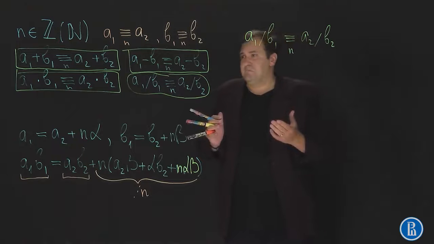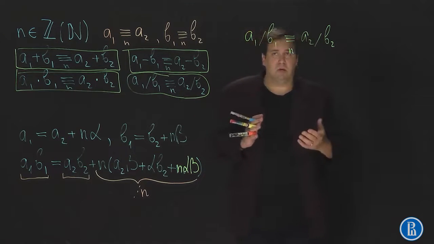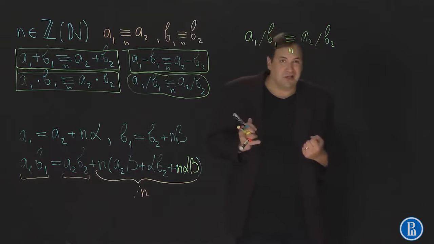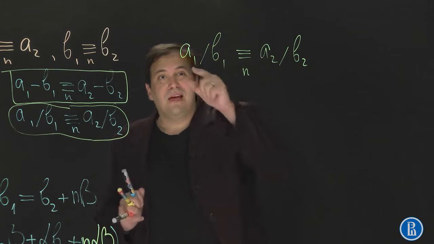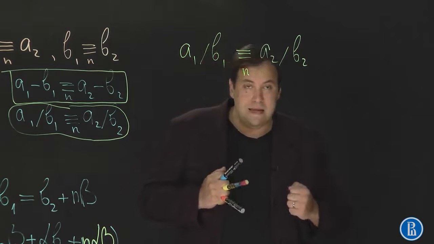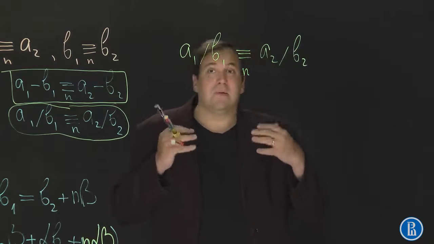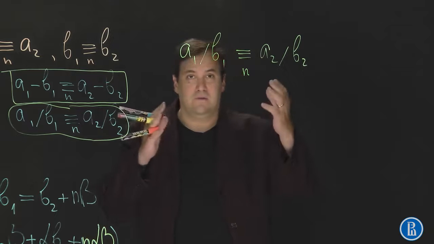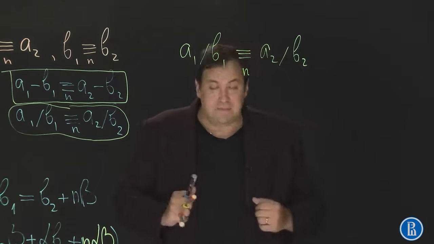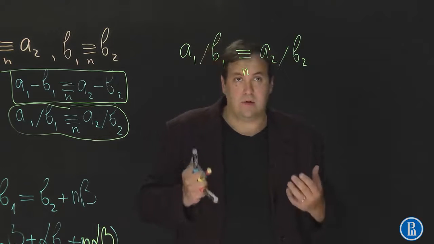For instance, a1 might not be divisible by b1, so this not being an integer, we don't quite know what congruence of non-integers is. But even if a1 is divisible by b1 and a2 is divisible by b2, even in this case there are counterexamples that show that this property doesn't hold in general. I suggest you find these counterexamples on your own.